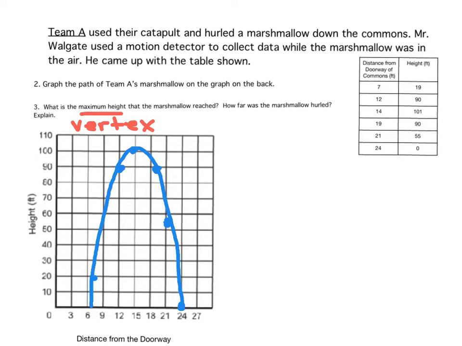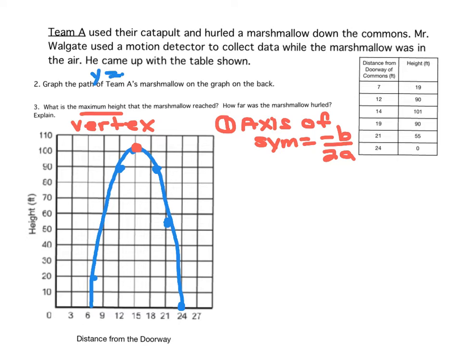But if we want to be as precise as possible, let's remember how to use the equation to find the vertex. So our first step is to find that axis of symmetry, which is the opposite of b divided by 2a. So if we recall our equation, we have y equals -1.31 x squared plus, excuse me, that's wrong.